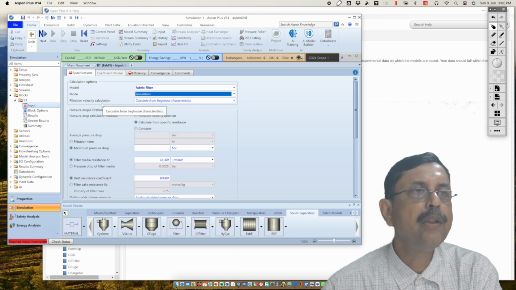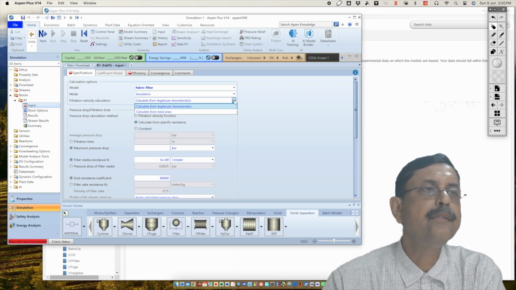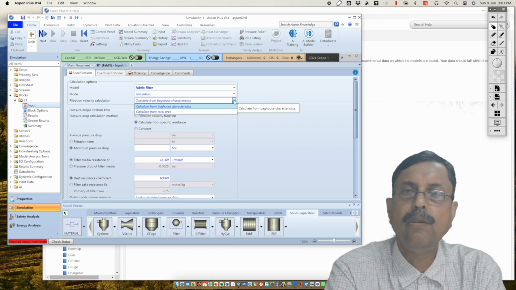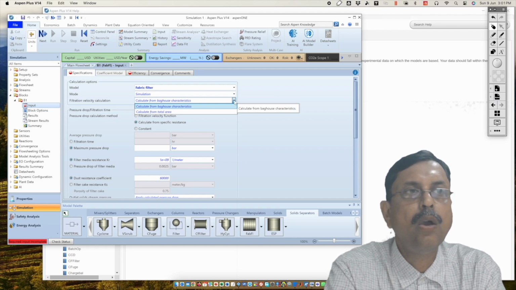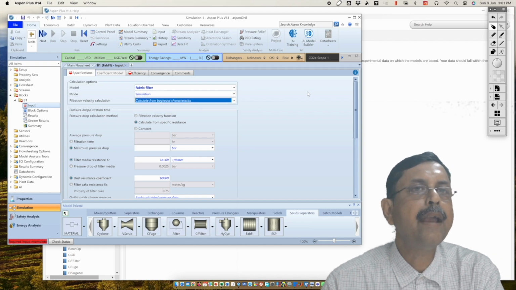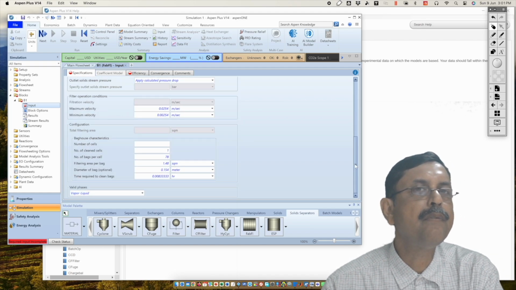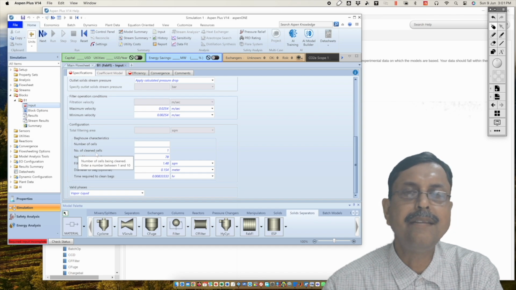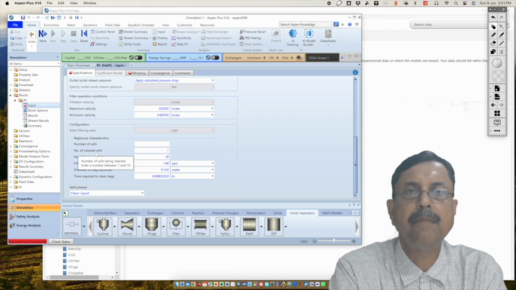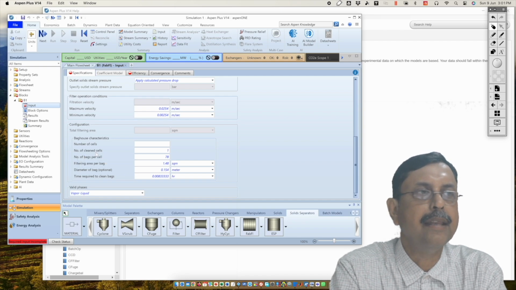The filtration velocity calculation is on the basis of total area or the baghouse characteristics. As I said, you can give the total filtration area or you can give the baghouse characteristics. So if you choose the baghouse characteristics, then you have to provide the number of cells and the number of clean cells. That means those cells you have to subtract from the number of cells because there's a cleaning cell.